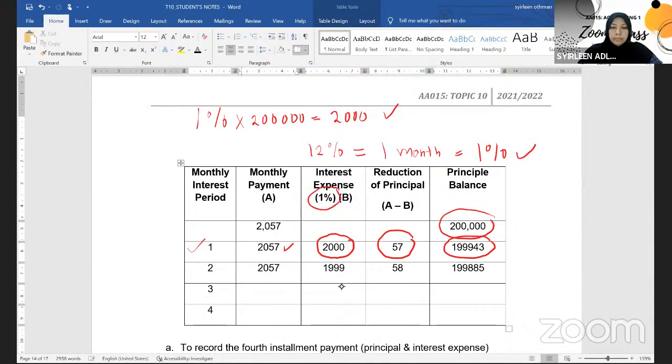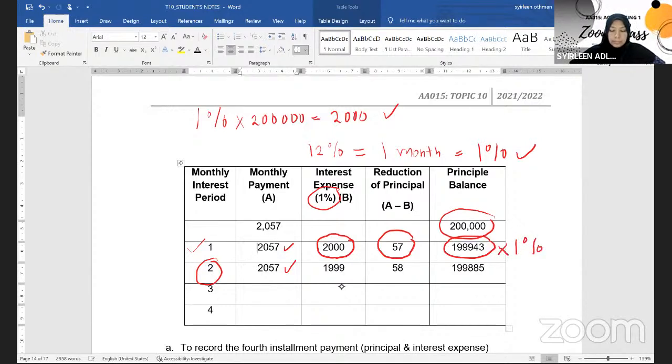Alright, so for the second month, okay, saya masih bayar RM2,057. Tapi from that RM2,057, berapa ialah nilai interest? Interest saya ialah yang ini, 199,943 times 1%.